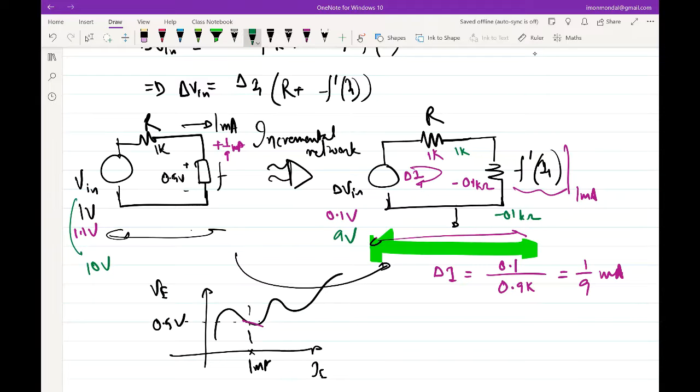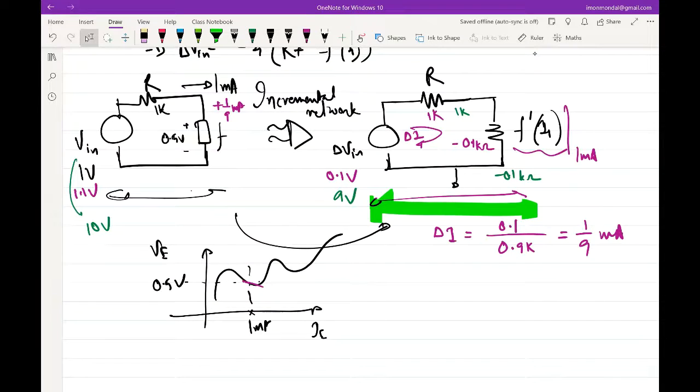Right. So now whether I'll be correct or incorrect depends upon whether this F prime of I1 has changed when I have gone from 1 volt to 10 volt, right? Therein lies the question. If the answer is that it hasn't changed, then you would be right. And can you give me an example where the slope doesn't change? Any element, a resistor.